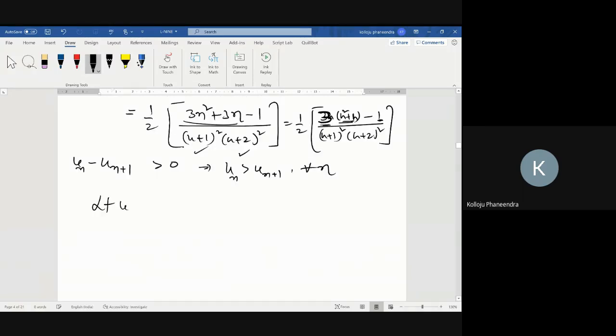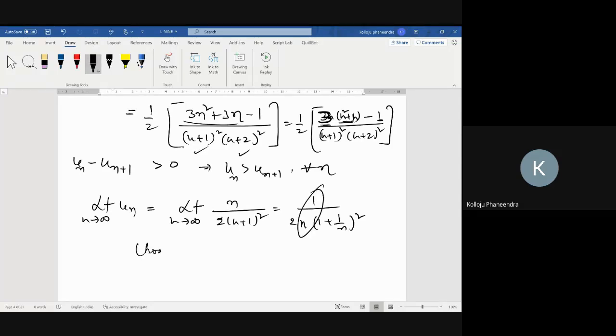Now second condition, limit of un as n tends to infinity. What is the value of un as n tends to infinity? N by 2 of (n plus 1) square. So 1 by 2, I can write n common, 1 plus 1 by n, n square common, 1 n gets cancelled. So choose Vn as 1 by n.